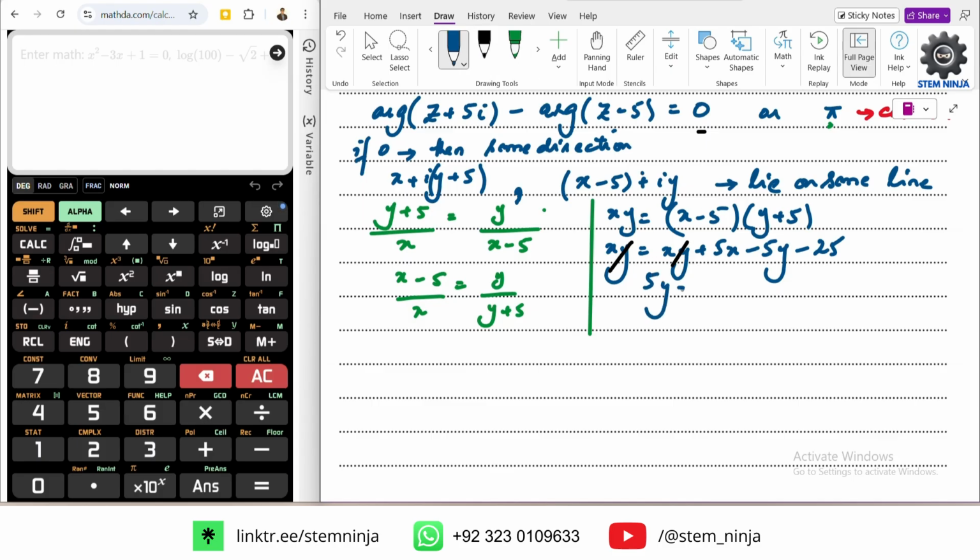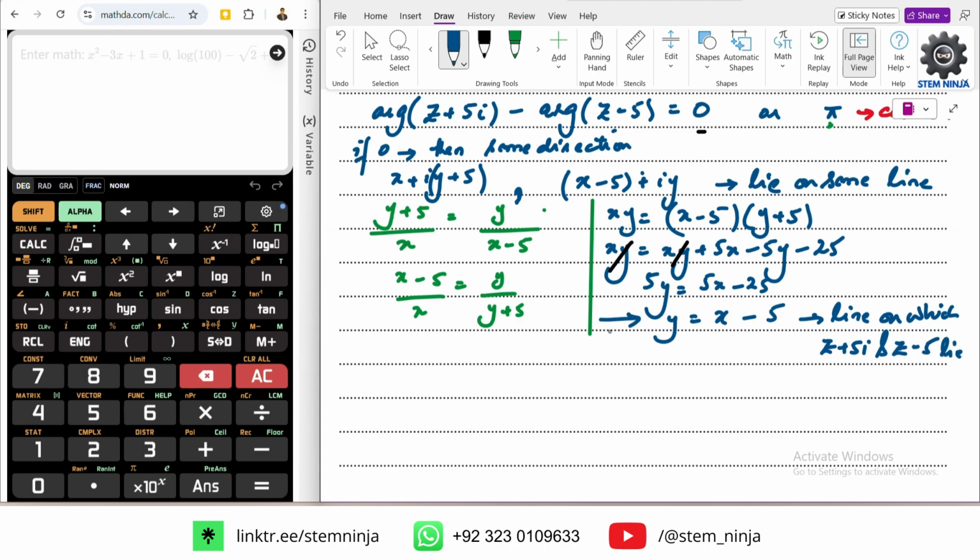You have 5y equals 5x minus 25. Divide by 5 on both sides, you get y equals x minus 5. Now this is the line on which the complex numbers z plus 5i and z minus 5 lie.